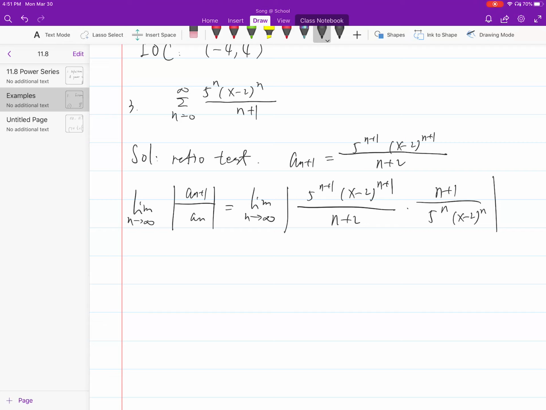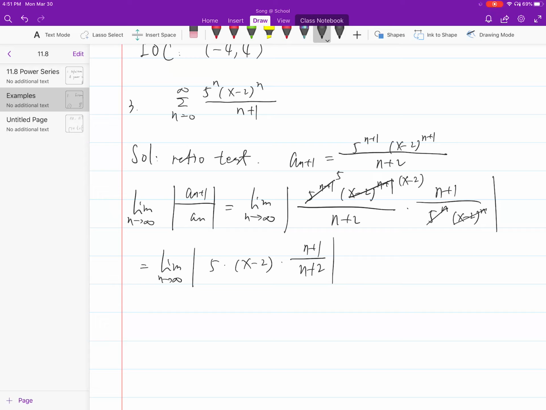Okay, let's cancel. This one has one more 5. This one has one more x minus 2. Okay, 5 times (x minus 2) times (n plus 1) over (n plus 2).